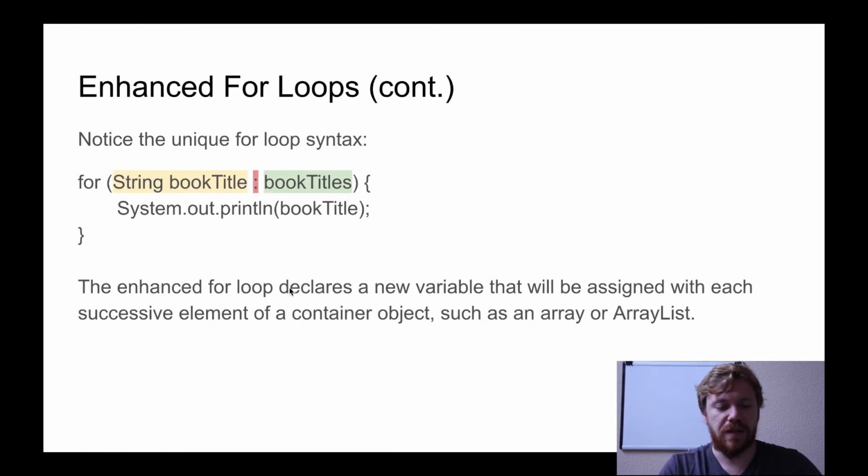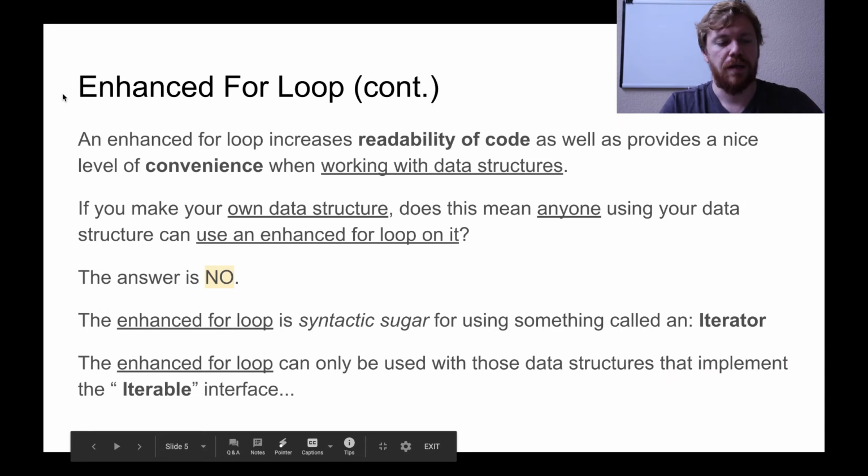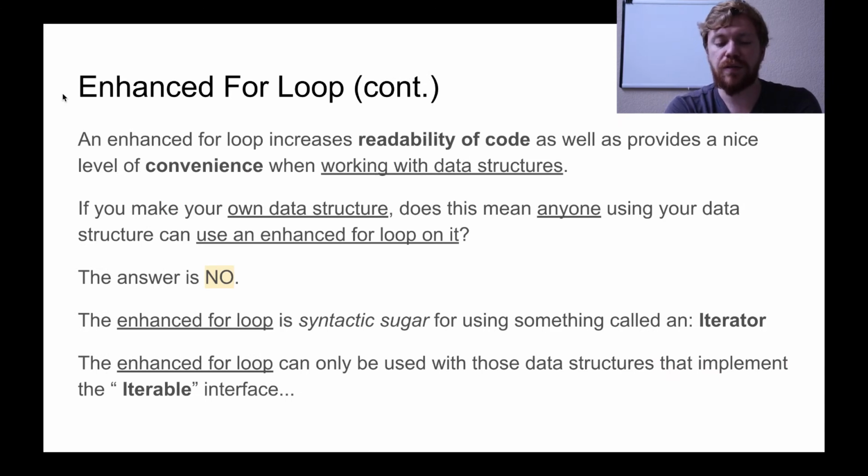So going back to the slides, an enhanced for loop increases readability of code as well as provides a nice level of convenience when working with data structures. So yeah, the readability is very easy, right?